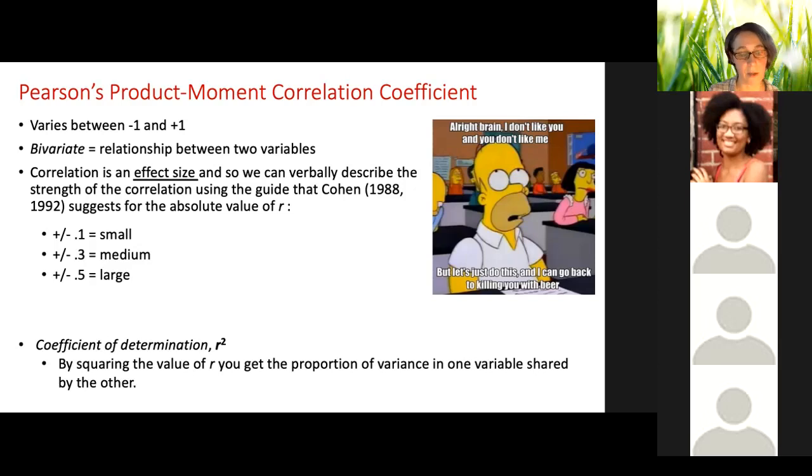So it's the proportion of variance that two variables share. Both variables are standardized and have a standard deviation of 1 in this case, right? That is what the correlation automatically does to each variable.